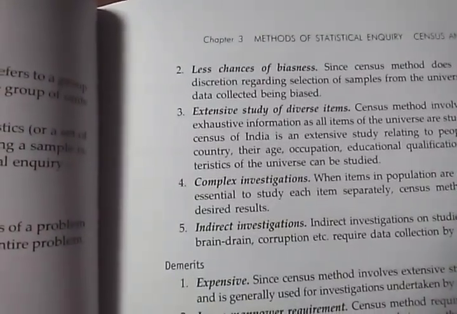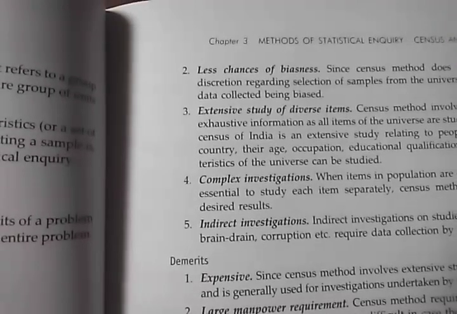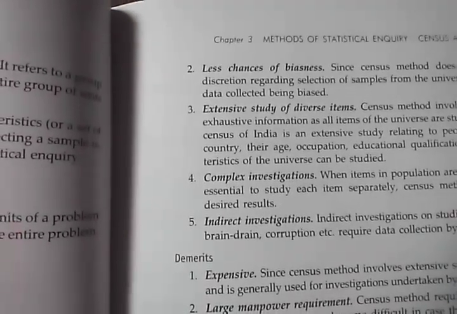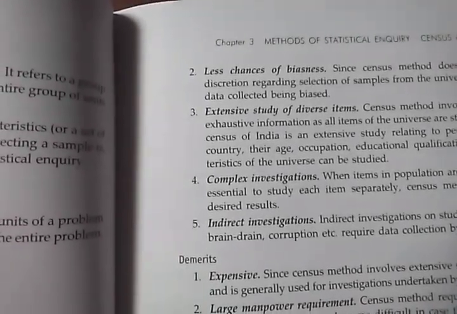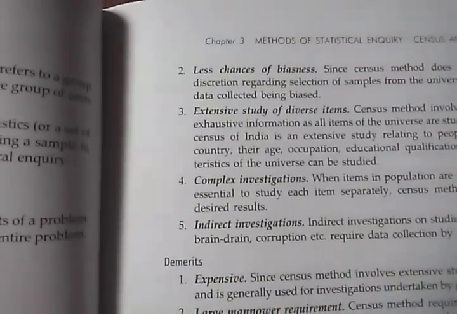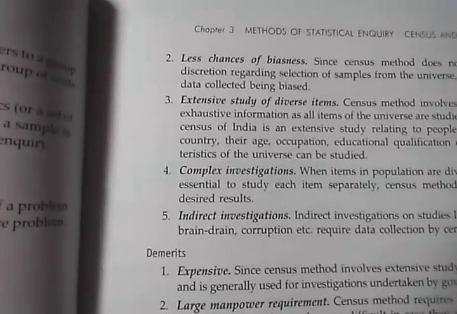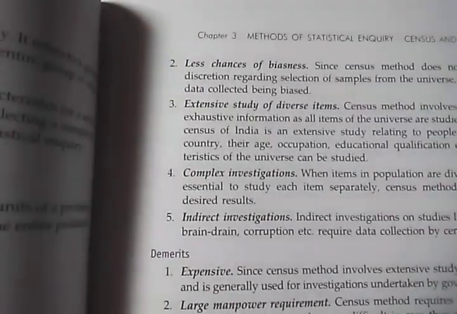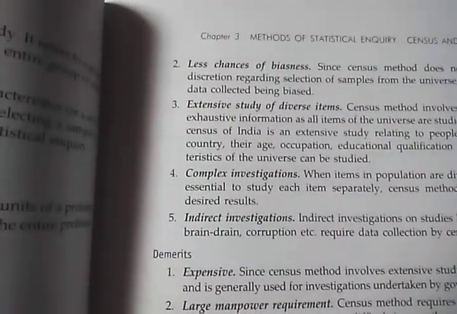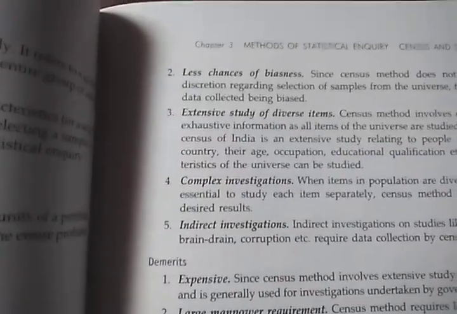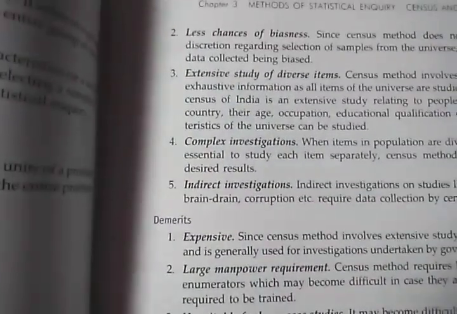There is no partiality of the enumerator who collects the data, because he is taking all the data from all the persons or all the items. Next, extensive study of diverse items. Extensive study means no item is excluded and all items are taken into account and studied.